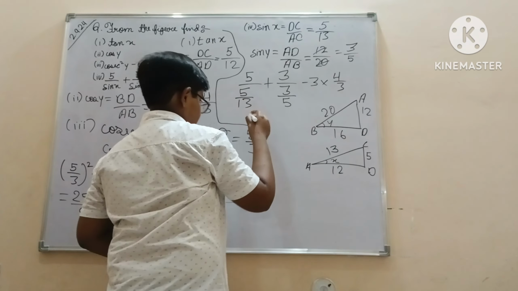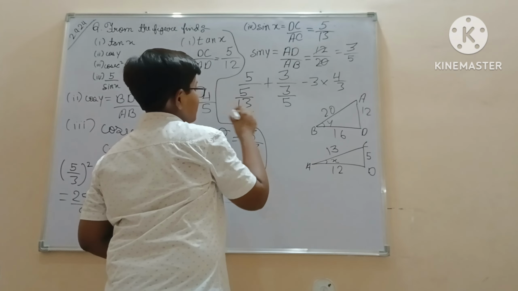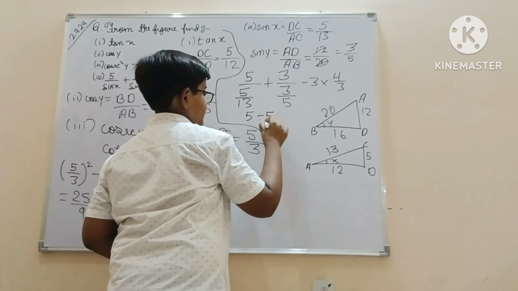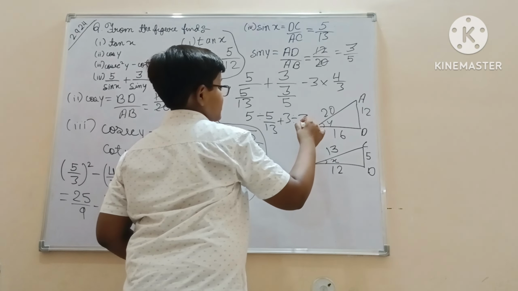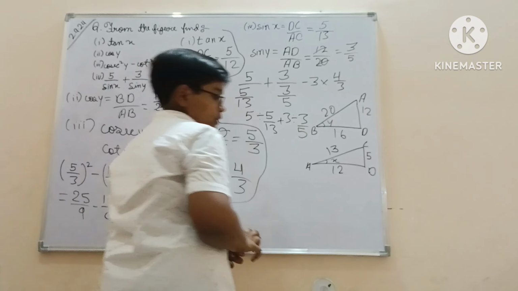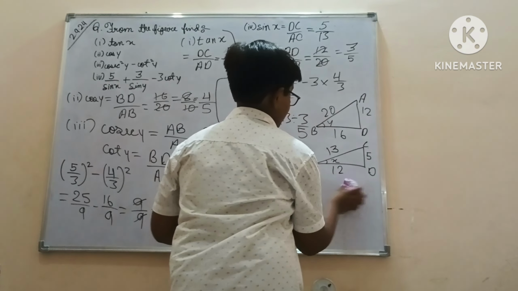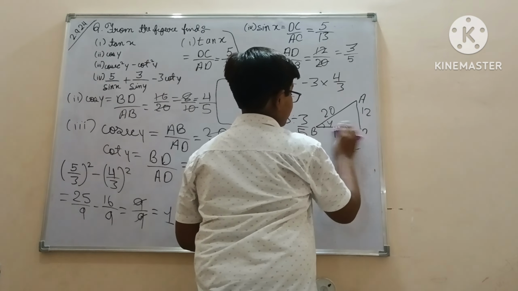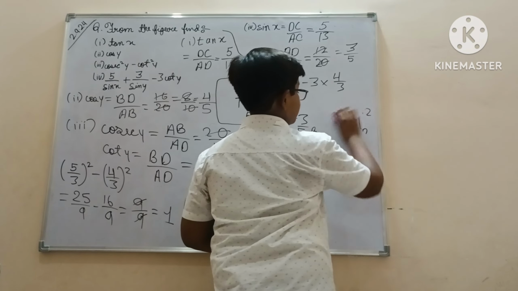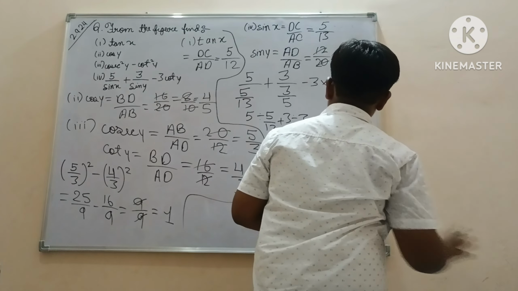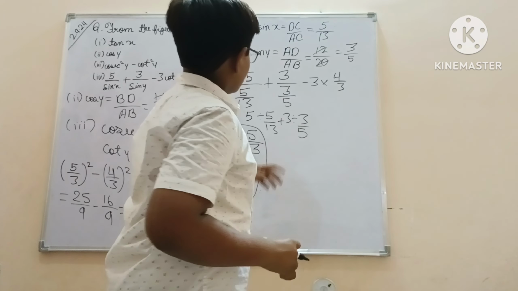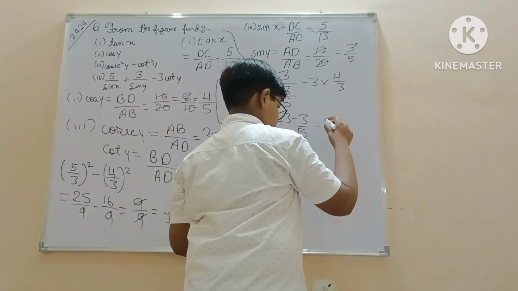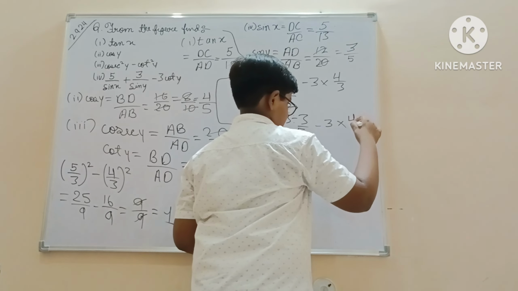Now we will do this in our question, which is 5 divided by 5 by 13 plus 3 divided by 3 by 5, and as it is our last question, I am erasing the triangles as there is no space. Minus 3 divided by 5, and now minus 3 into 4 by 3.